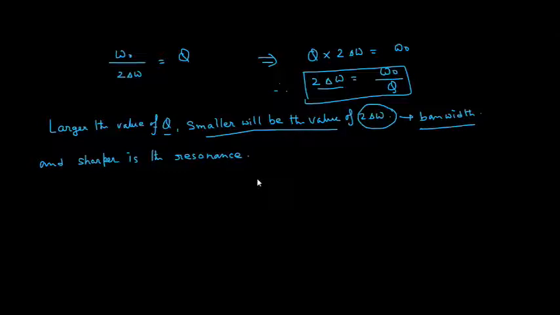So larger the value of Q, that is quality factor, smaller is the value of 2 delta omega, that is bandwidth, and sharper is the resonance. This is the condition we can set up.